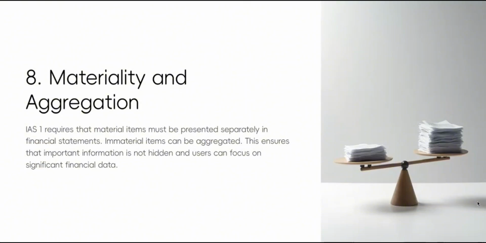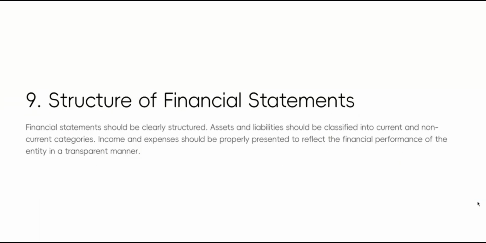Now let's talk about the structure of financial statements. IAS 1 requires proper classification of items. Assets and liabilities must be classified into current and non-current. Current means items that will be realized or settled within 12 months.